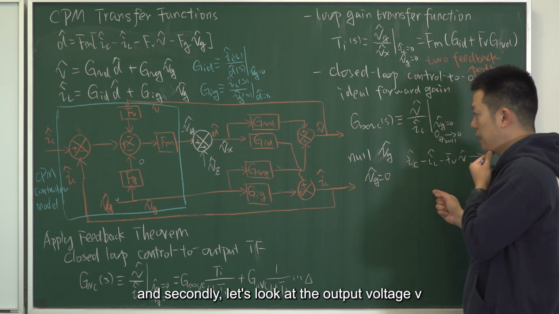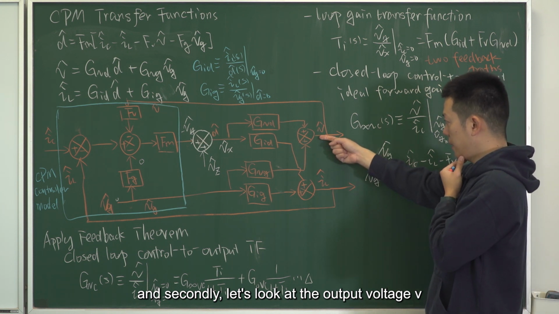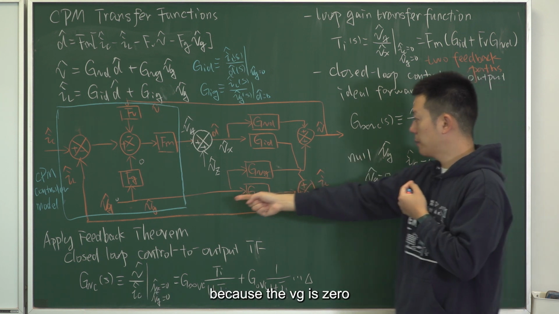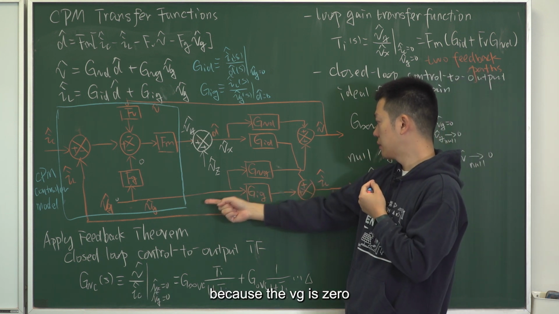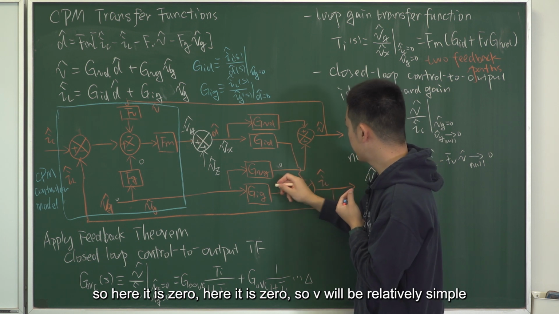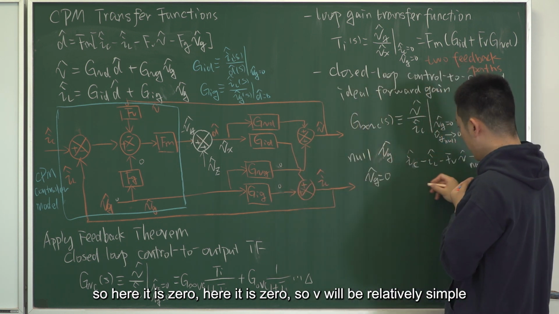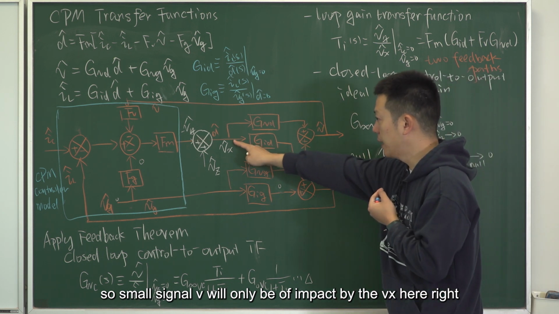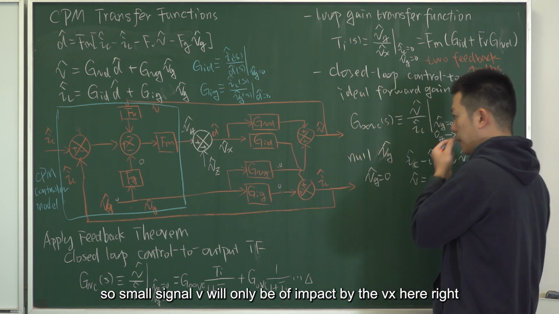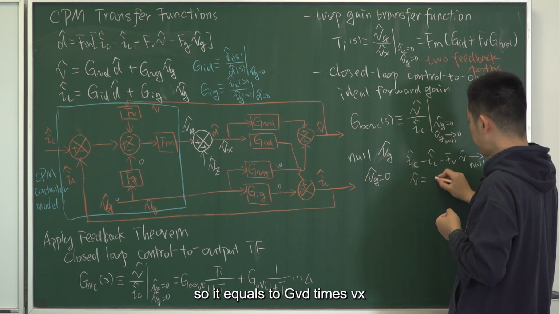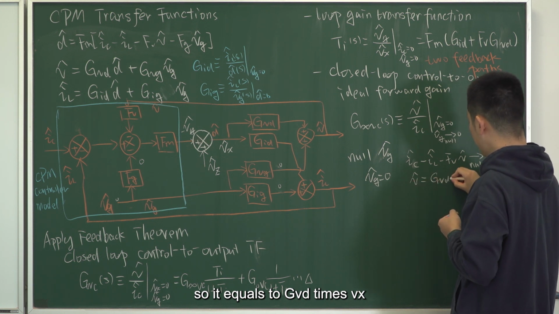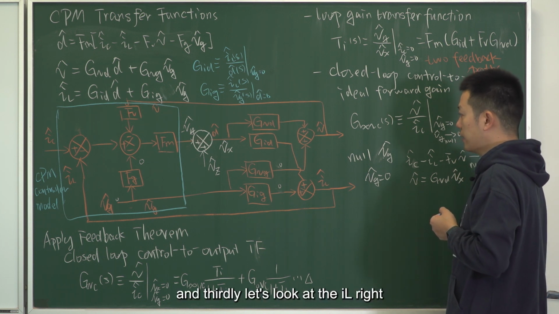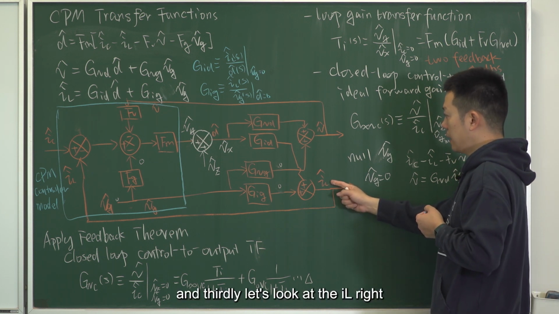And secondly, let's look at the output voltage V. Because the Vg is 0, here is 0, here is 0. So V will be relatively simple. Small signal V will only be impacted by Vx here, so it equals GVD times Vx cap. And thirdly, let's look at IL.